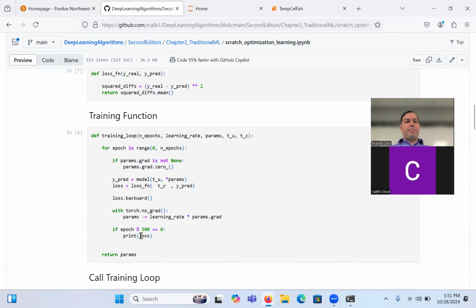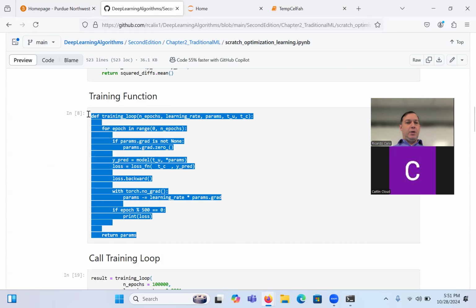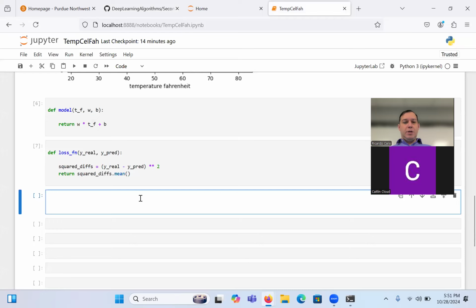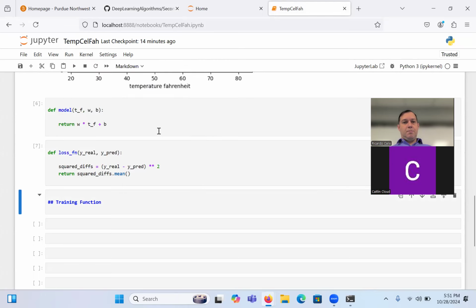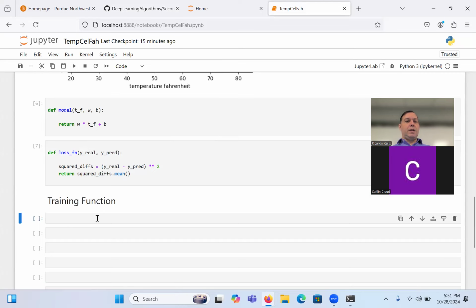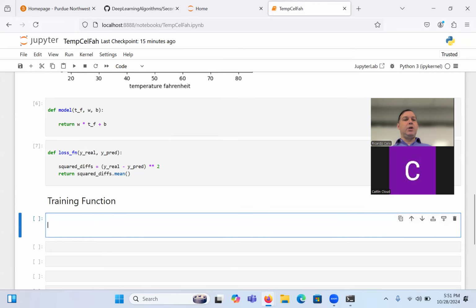So here is where it gets a little bit more complex. So this is going to be my training function. Okay, so this is a little bit different.